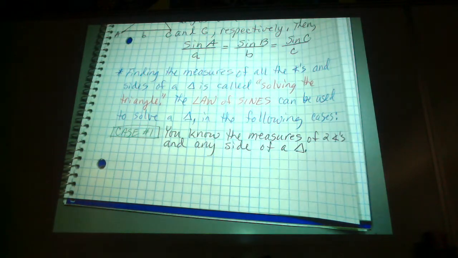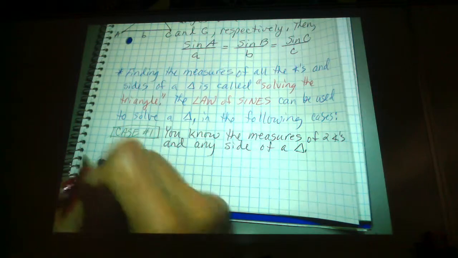So you know 2 of the 3 angles and any one of the sides. Because remember, if you know 2 of the 3 angles, then you can find the 3rd angle by using the angle sum theorem, adding them together and subtracting from 180. And then we'll use the law of sines to find the other 2 missing sides.